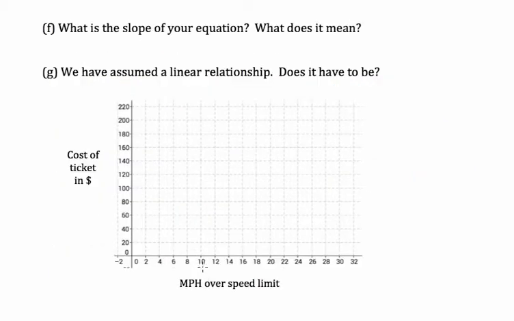So Lyle's point is x-coordinate of 10, y-coordinate of 121. There's Lyle. Mary was 15, 151. And Stuart was 18, 169.